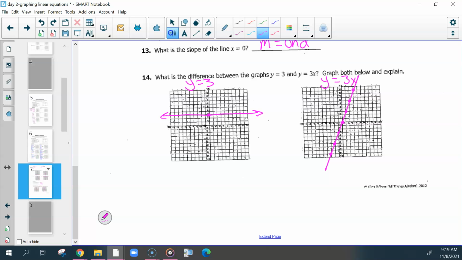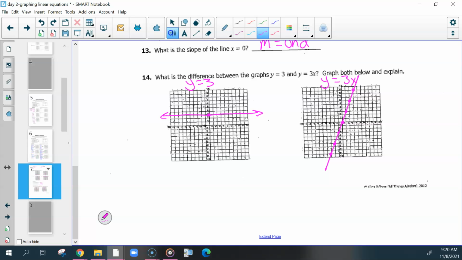Other similarities and or differences? Saeed, did you have one? Okay. The first one has a slope of 0.